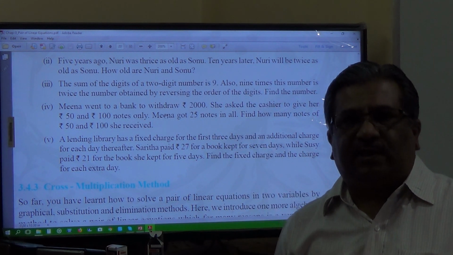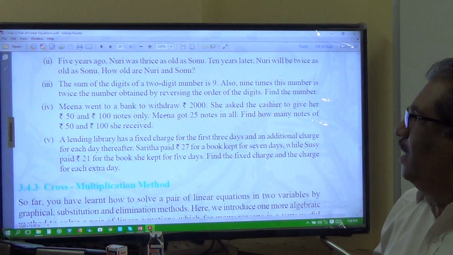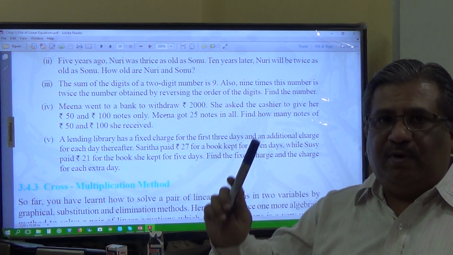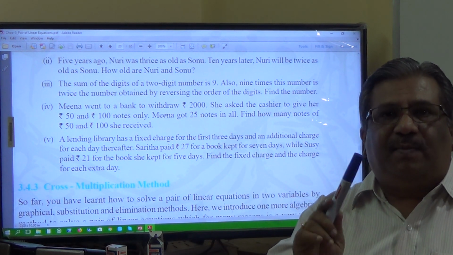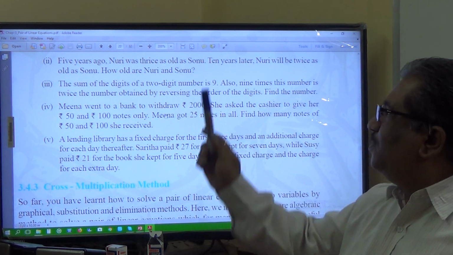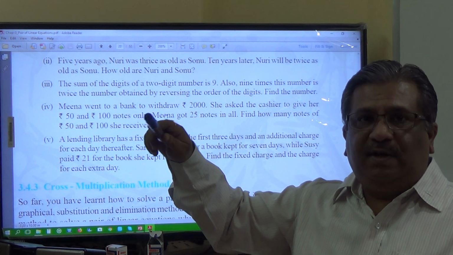For all these questions, the way the question is asked, that way the variables need to be assigned. Here, the question asked is, how old are Noori and Sonu? And therefore, let the present age of Noori be X and present age of Sonu be Y. 5 years ago means 5 years before.